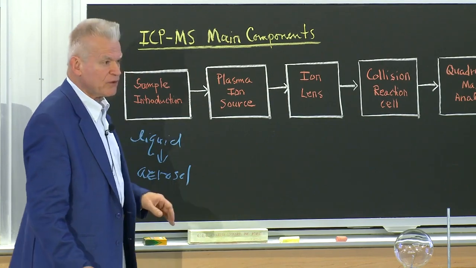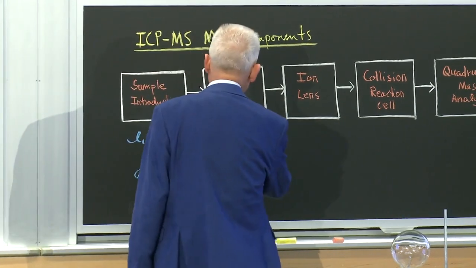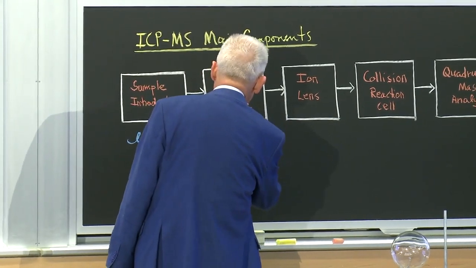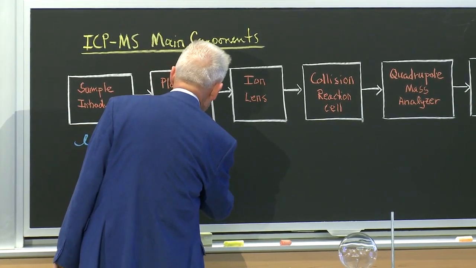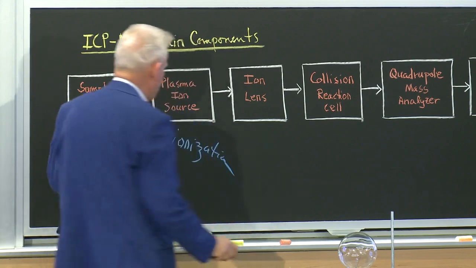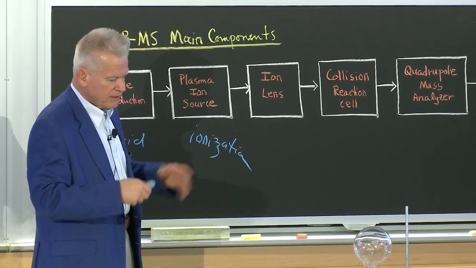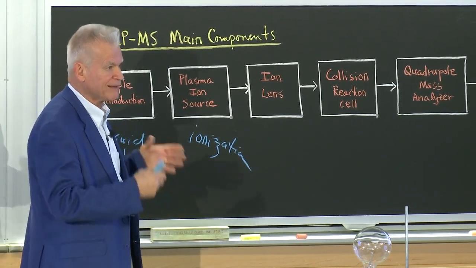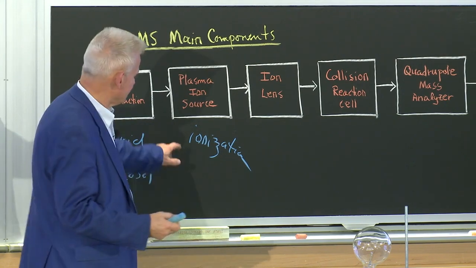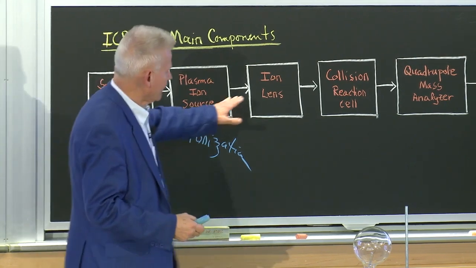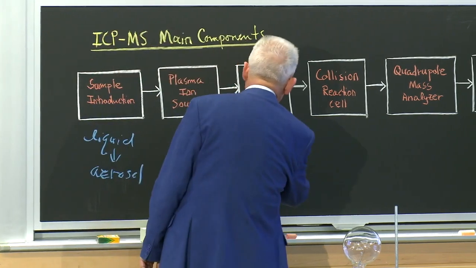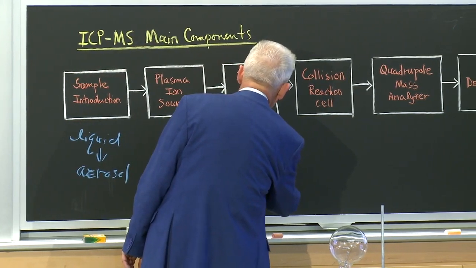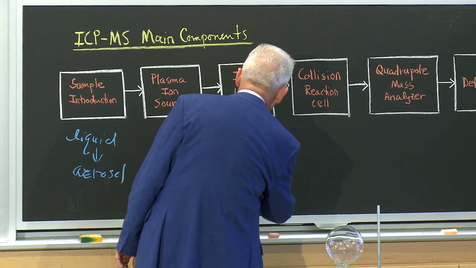And in that ion source, that's where your ionization takes place. Sample is going to be dried out, decomposed, atomized, and the elements are going to be ionized. And then we've got an ion lens which focuses the ion beam.